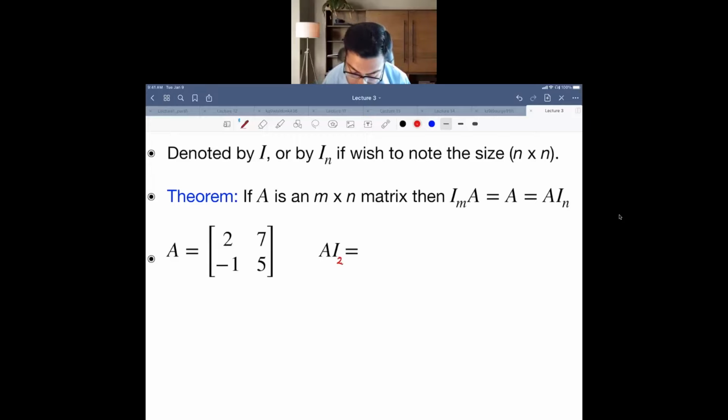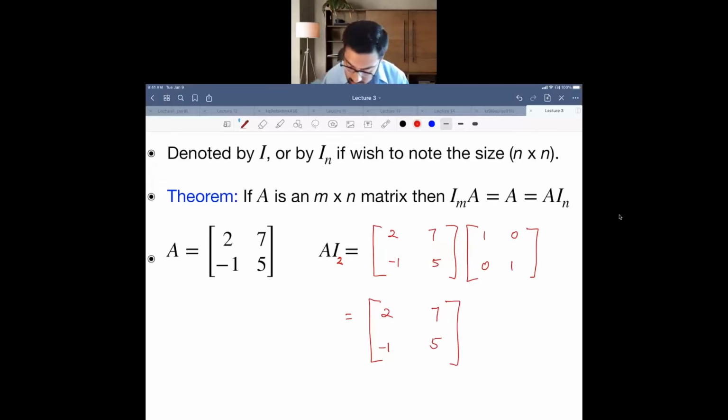So we have 2, 7, negative 1, 5 here, and then we have 1, 0, 0, 1 here. If you multiply them, you get 2 times 1 plus 7 times 0, and so on, giving 2, 7, negative 1, and 5. You can check out the math here.